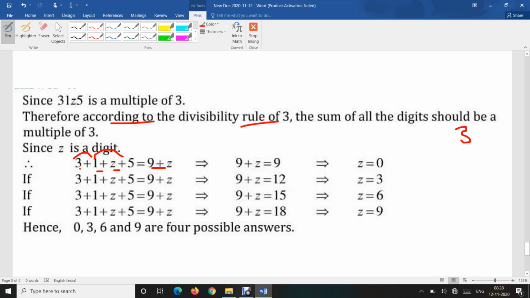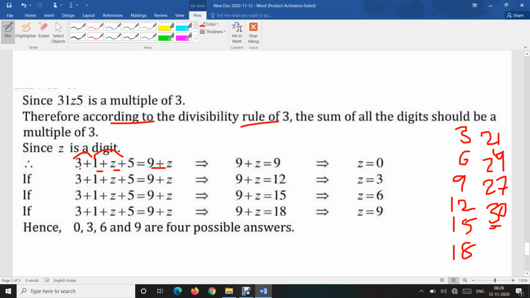That means 3 ones are 3, 6, 3 threes are 9, 3 fours are 12, 15, 18, 21, 24, 27 and 30 should be these values. And again z can vary from 0 to 9.